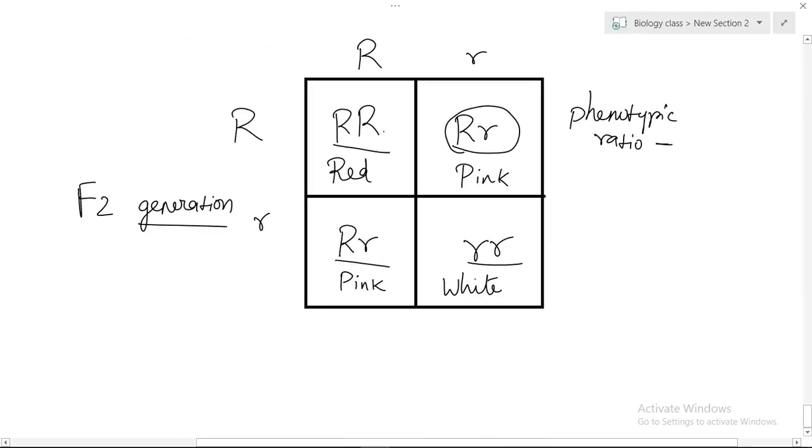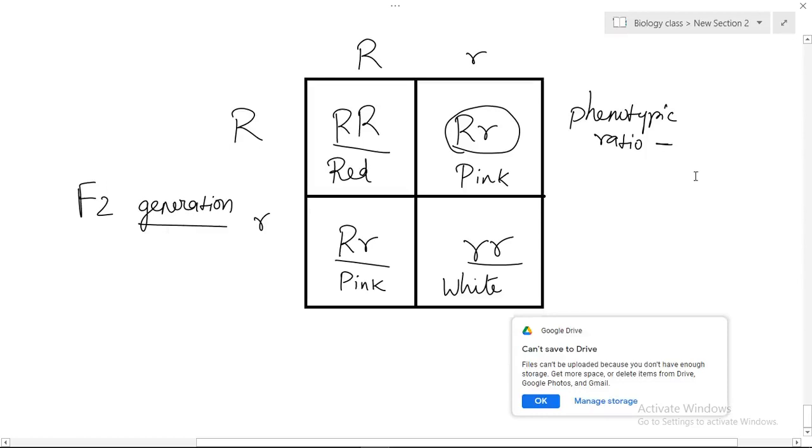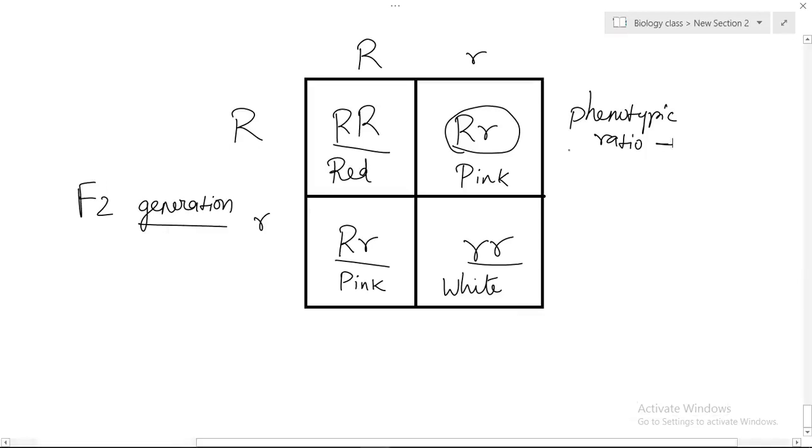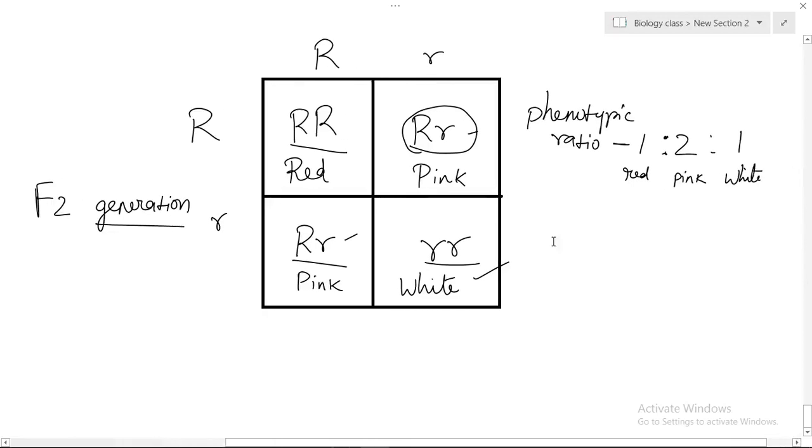I'm going to see one red color flower, 2 pink flowers, and one white color flower. Correct? So this is the phenotypic ratio, and let's write the genotypic ratio.